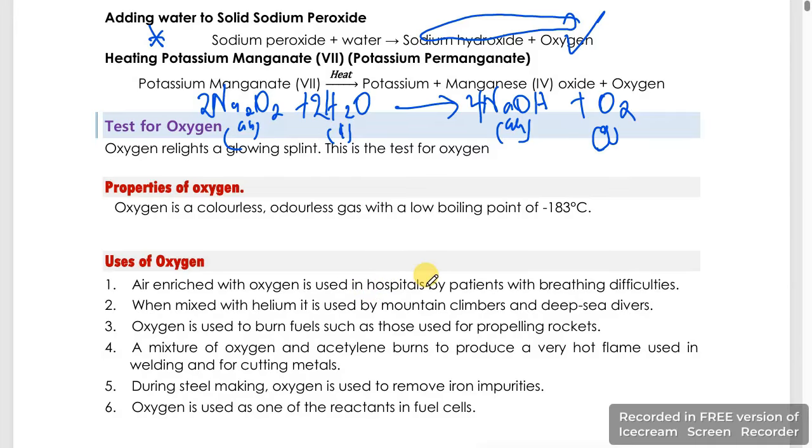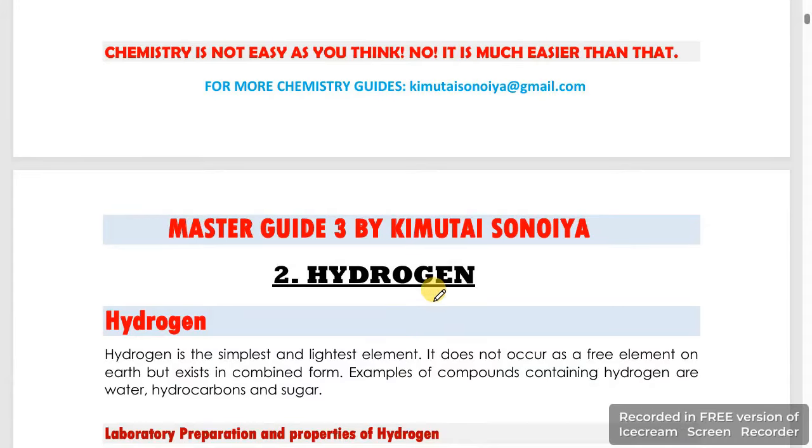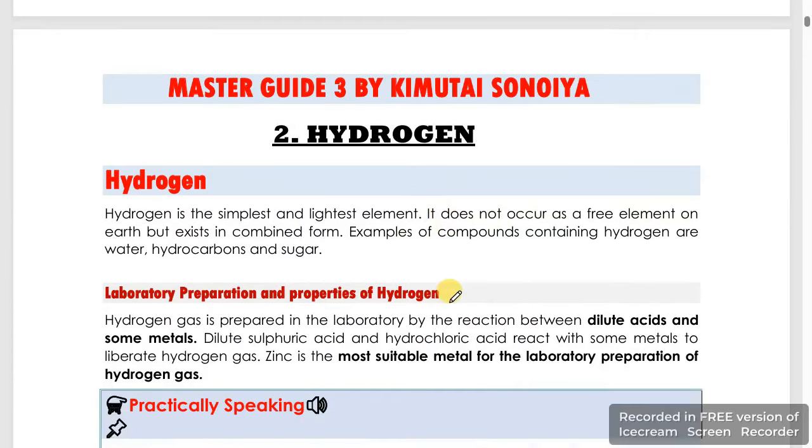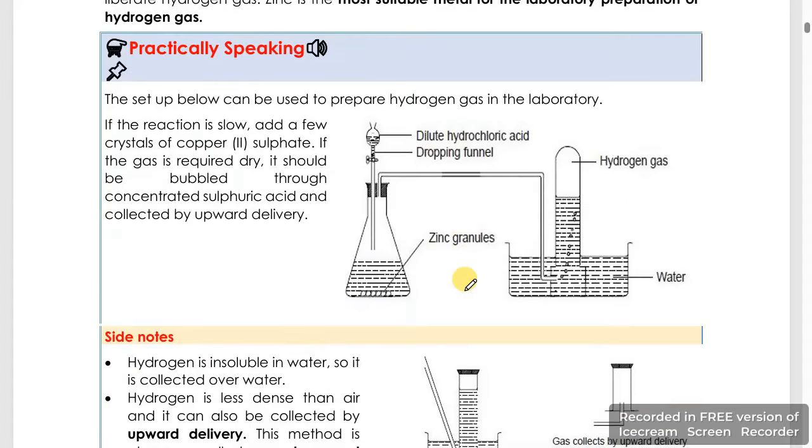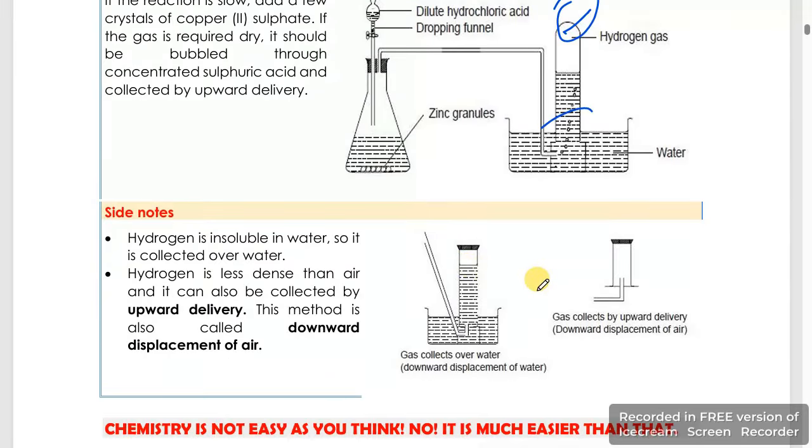Number 2, hydrogen. How is hydrogen prepared in the lab? We prepare hydrogen in the lab by the reaction of zinc granules with hydrochloric acid, as you can see from the diagram. Hydrogen gas is collected over water, or it can as well be collected by upward delivery.